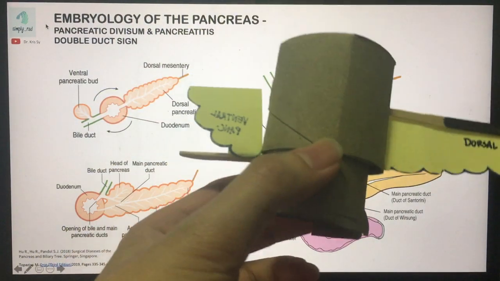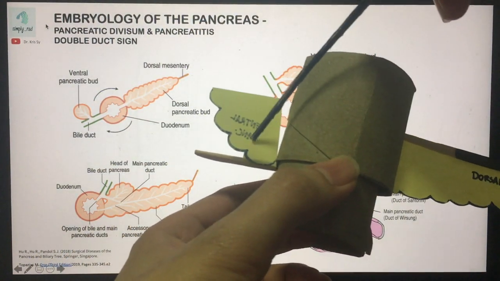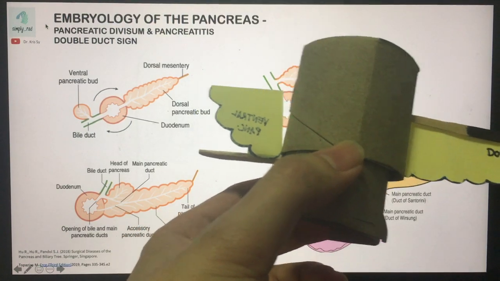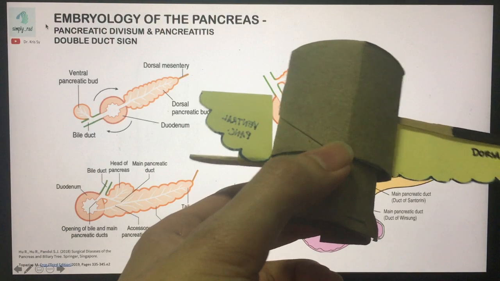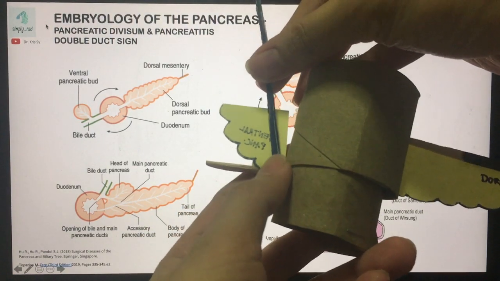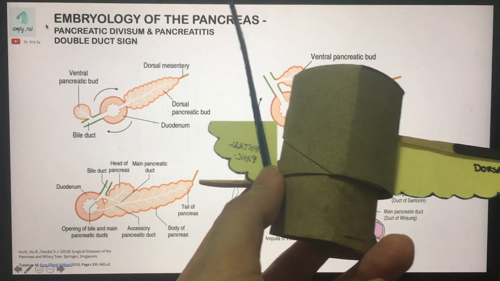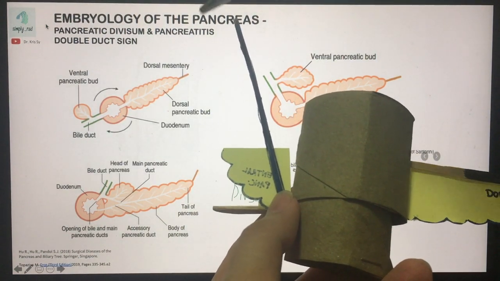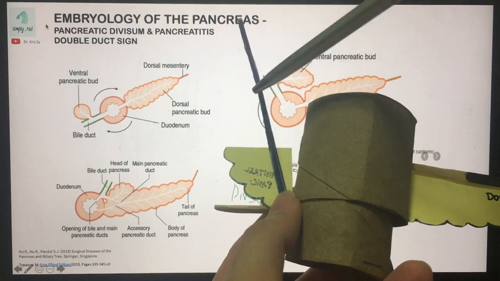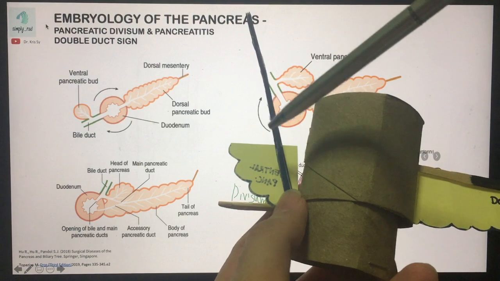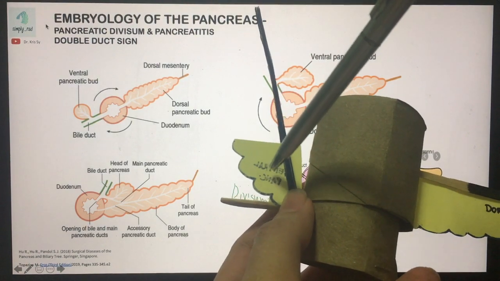Note here that the ventral bud of the pancreas also derives from the same structure which gives rise to the common bile duct, the gallbladder, and the liver. So liver, gallbladder, and common bile duct share the same origin as the ventral bud.